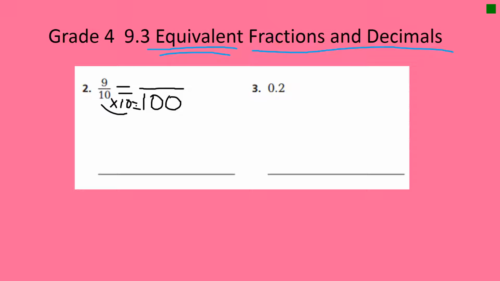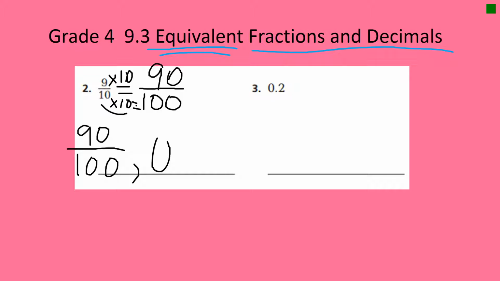So if I multiplied my denominator by 10, what am I going to do to my numerator? Multiply it by 10 also. I've got to treat those two the same. 9 times 10 is 90. So 90 hundredths is the fraction form, and then the decimal form, 0 and 90.